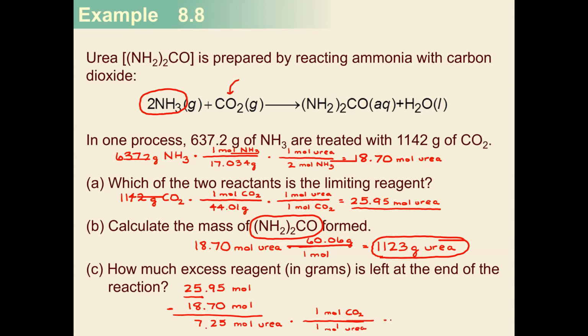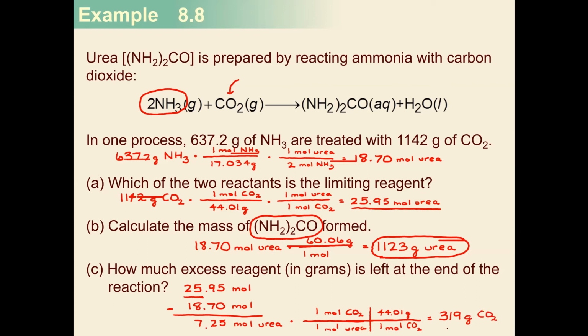Then I need the molar mass of my carbon dioxide, which is going to state that I would get 44.01 grams for every 1 mole of CO2. If I do this, I will get a leftover mass of unreacted carbon dioxide at 319 grams of my CO2.